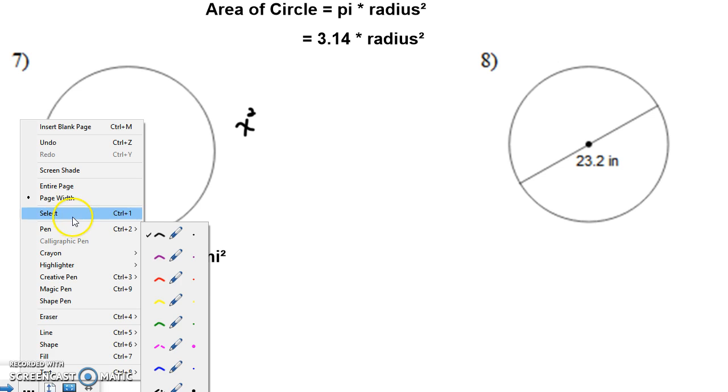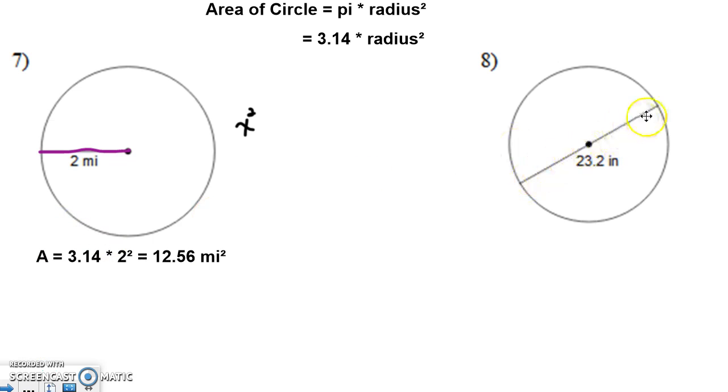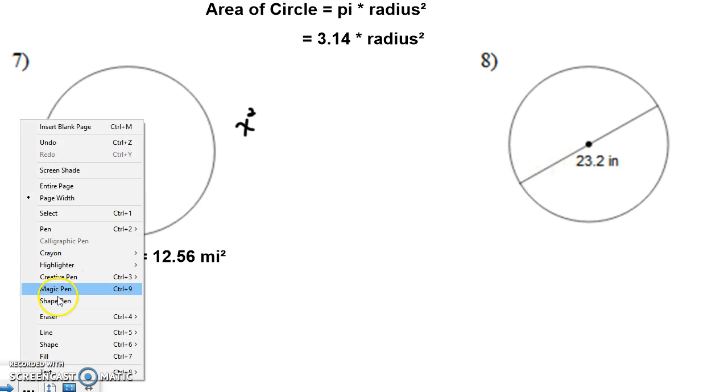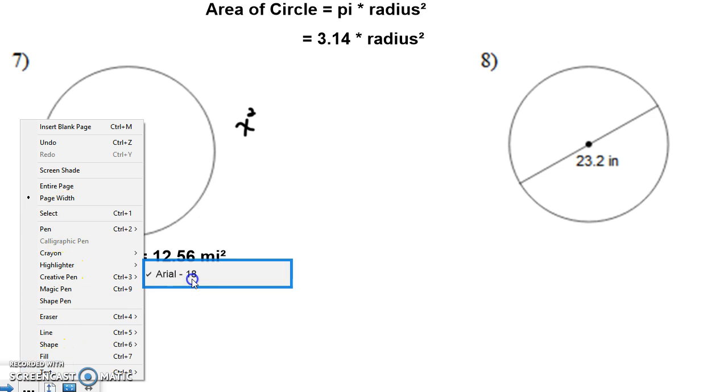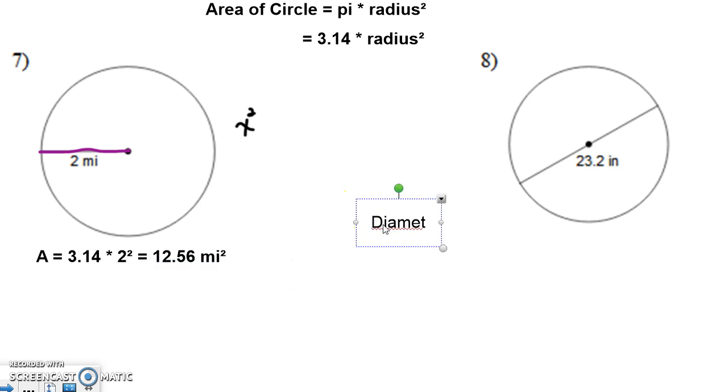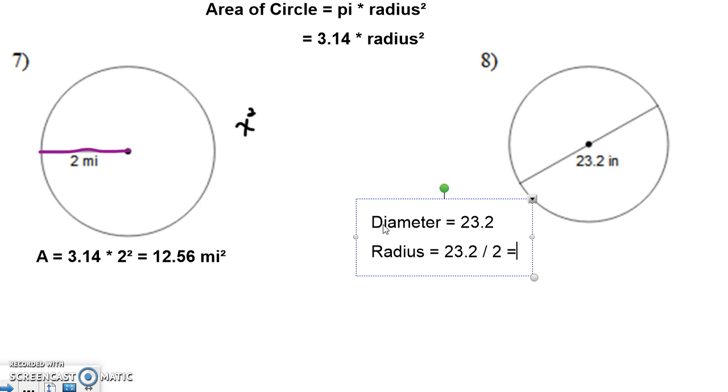All right, so then you have to be careful on this next one. Notice they give me the entire diameter, and I'm sure you've heard that word before. Remember that the diameter is just double the radius, because it's basically 2 of the radius. So to figure out what our radius is, our diameter is 23.2. To get the radius, we do 23.2 divided by 2. We cut it in half. And when we do that, you should get that your radius is 11.6 inches.